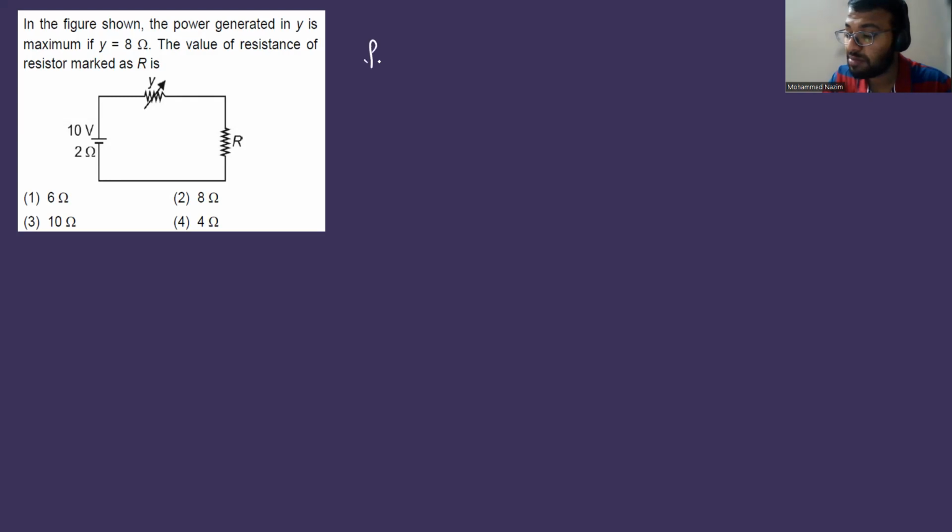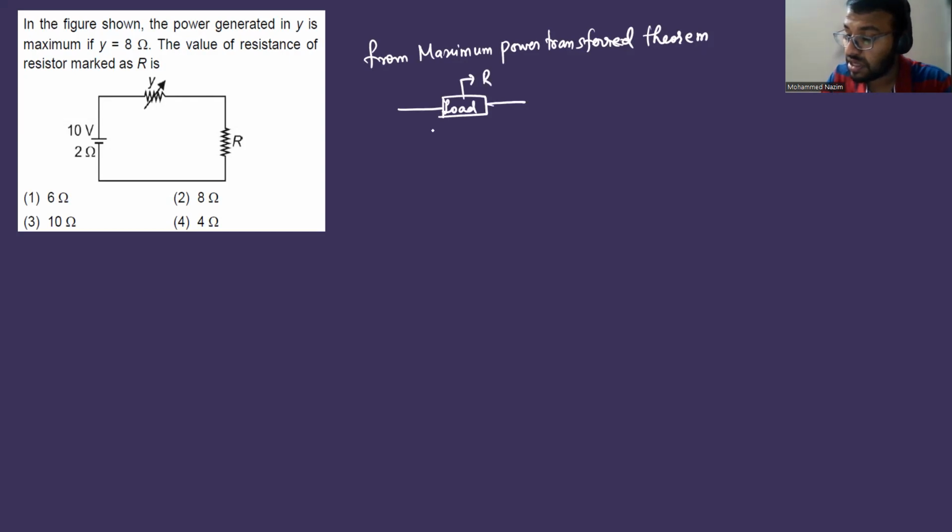We have the maximum power transfer theorem, which states that if maximum power has to be delivered across the load, let us say this is the load, and the resistance of this load is R. Then it is connected across a cell, say E, with internal resistance R. This resistance R is not only the internal resistance of the cell, it is also the resistance of the extra wires and all these things.